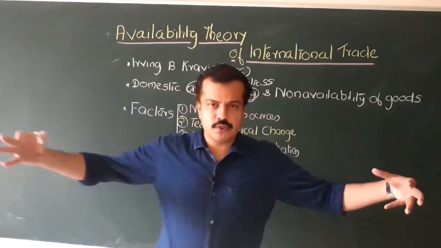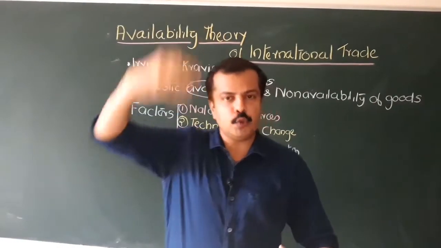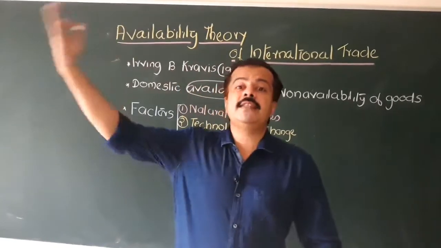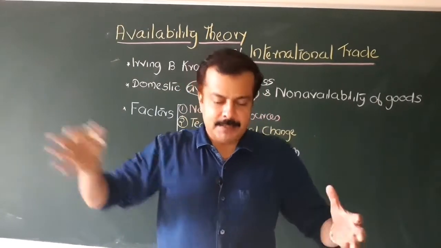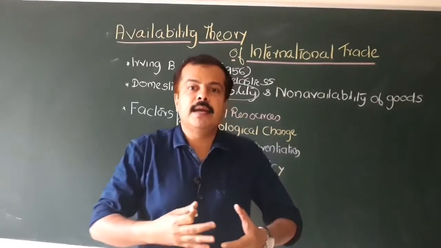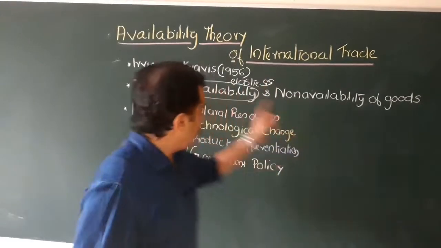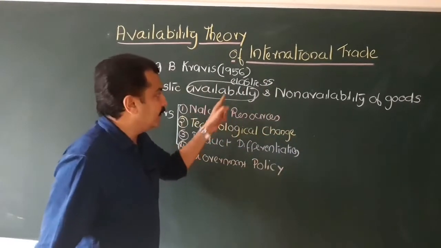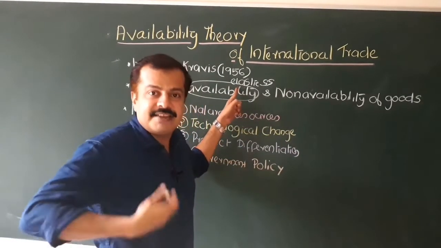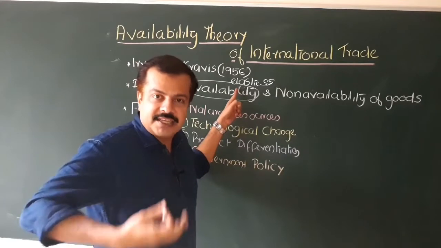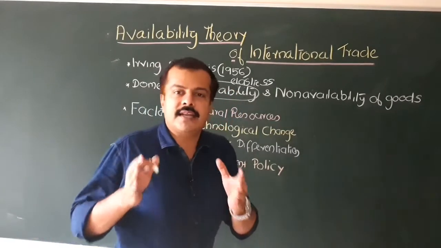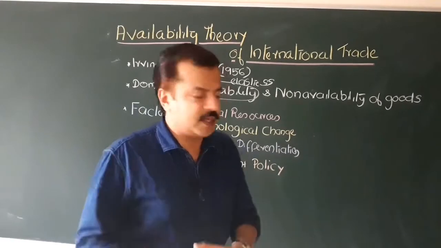That means if the goods are available and the country is able to increase the quantity of this particular commodity to meet even the foreign demand, that means the commodity is available in abundance in the country and this country is able to export it. Once the supply of this commodity is elastic, the country is able to increase the production and supply of this commodity, then the country tends to specialize, trying to export those commodities.